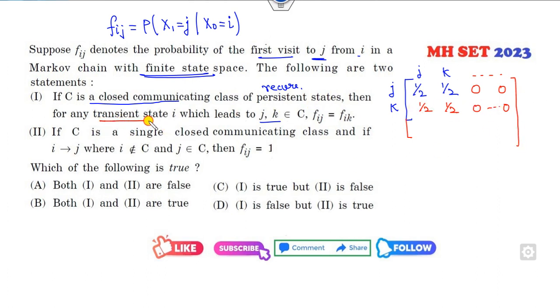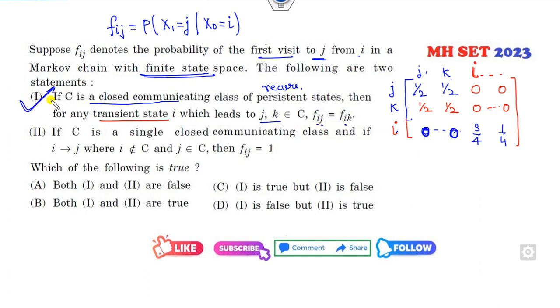Then for any transient state, I consider this is my state i. Say this number is 3/4 and the other number is 1/4. What is the value of Fij? From i to j and from i to k, both are 0. So both are the same.